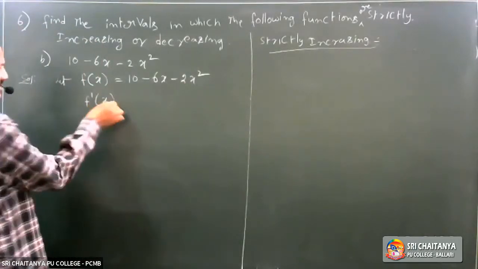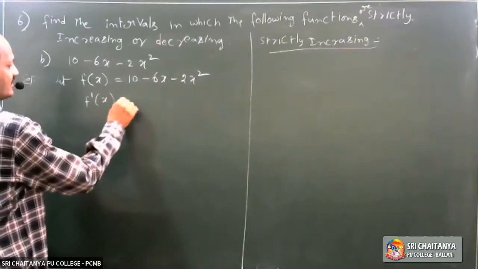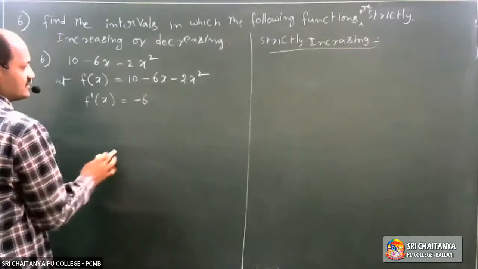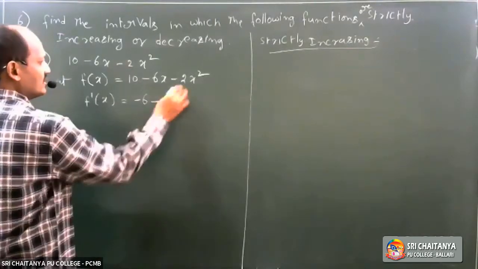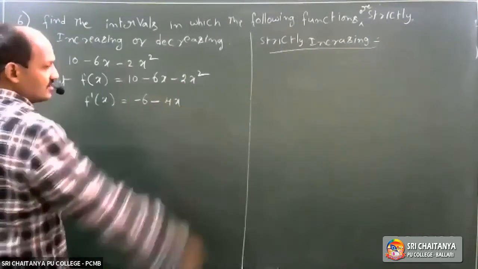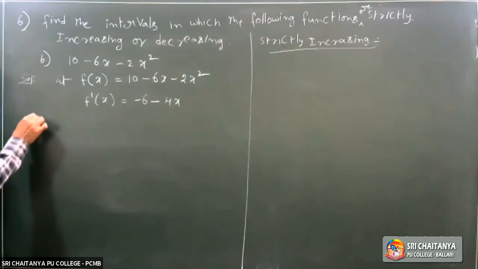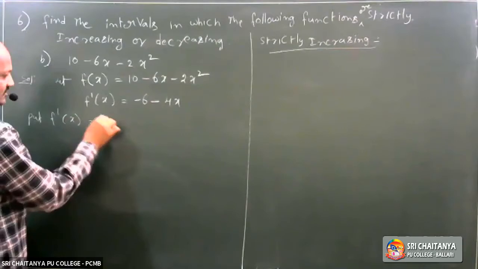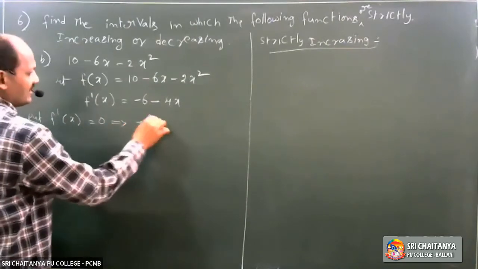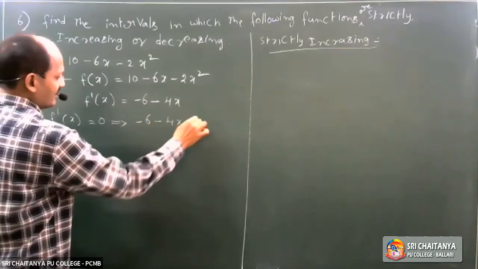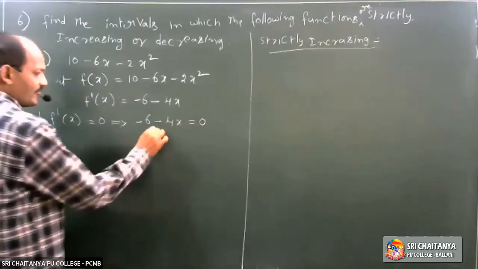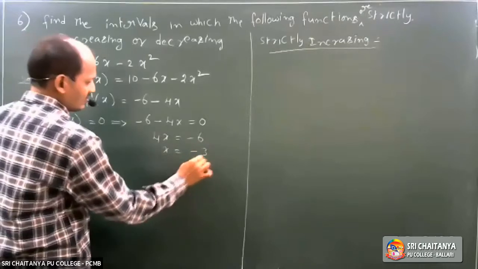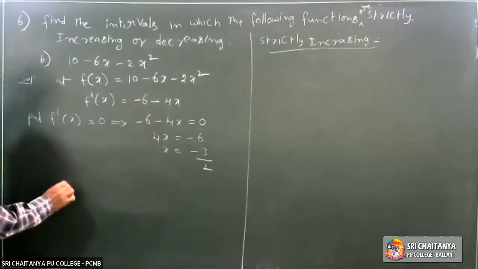f dash of x: derivative of 10 is 0, derivative of minus 6x is minus 6, derivative of 2x square is 4x. Put first derivative f dash of x equal to 0, that is minus 6 minus 4x is equal to 0. 4x is equal to minus 6, x is equal to minus 3 by 2.